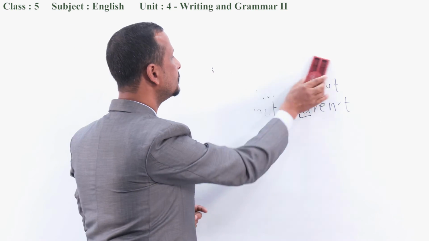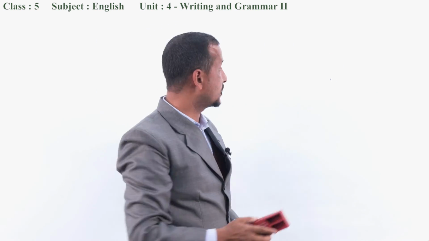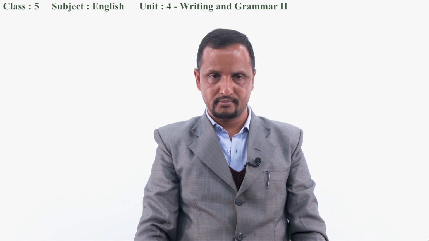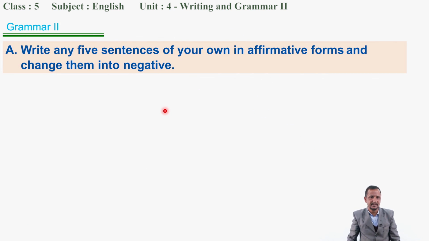Now, again, dear students, we have to move to another grammar activity. Write any 5 sentences of your own in affirmative forms and change them into negative. Now, your work, please. Please start yourself. Okay?